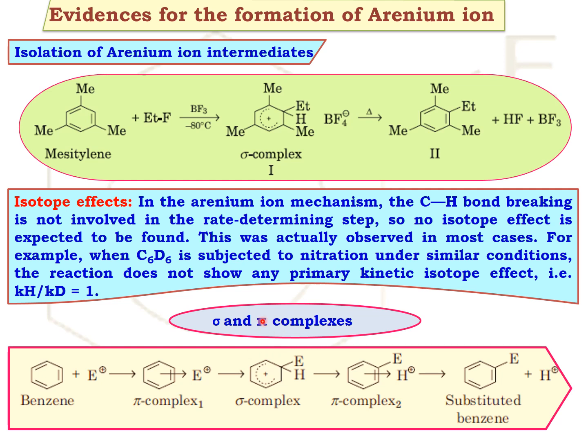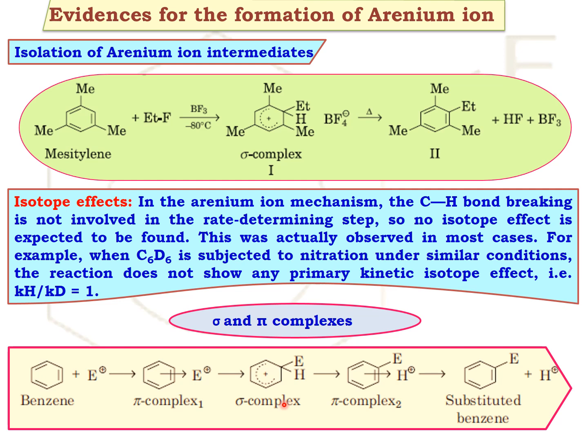Now let us see the sigma and pi complex. Once the electrophile is getting into intimate contact with the benzene ring, it is known as a pi complex. It forms a complex. Later on, it interacts with the pi electron cloud to lead to the formation of the sigma complex.